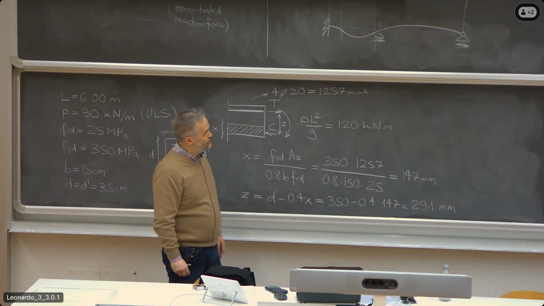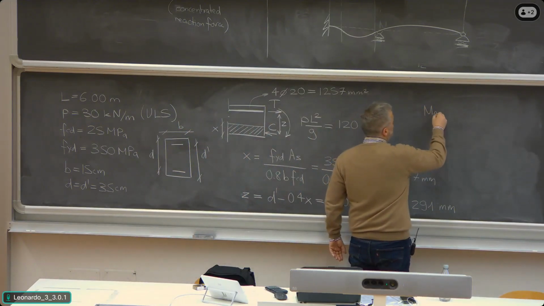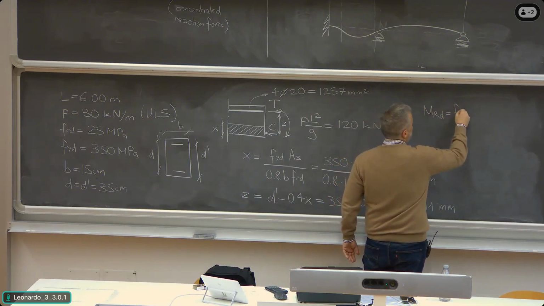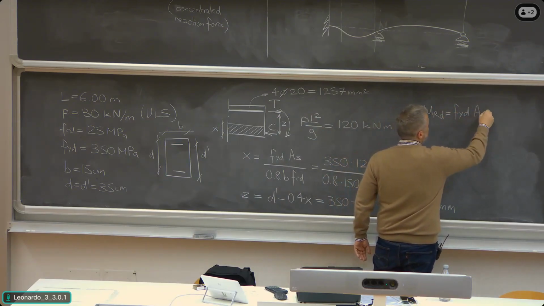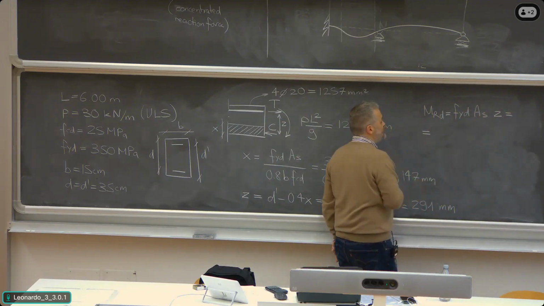Okay? Now the resisting moment, in this case, MRD is simply FYD times AS times Z. The result will be in Newton times millimeter.